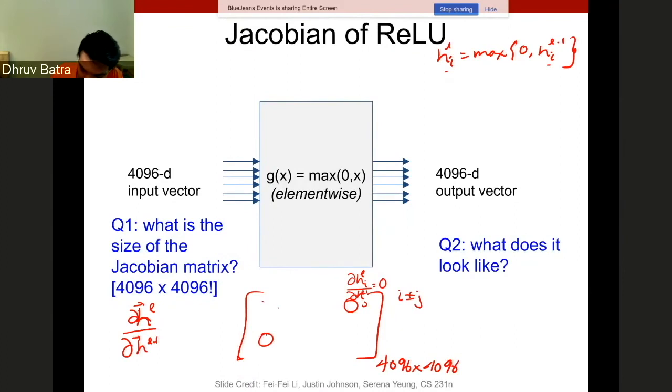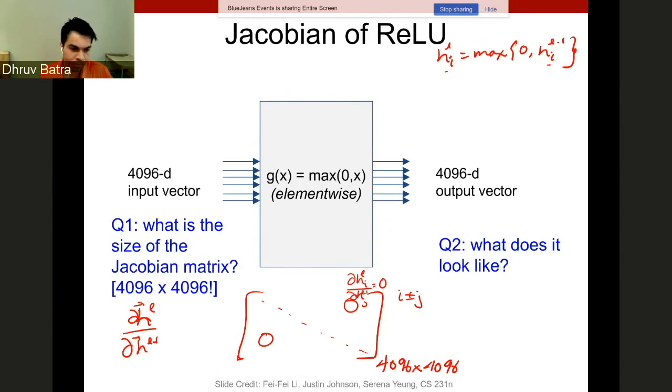What about the diagonals? Are the diagonals always 0? Are they always 1? What do the diagonals look like? Any guesses? We've covered pieces of this several times. 1 or 0.